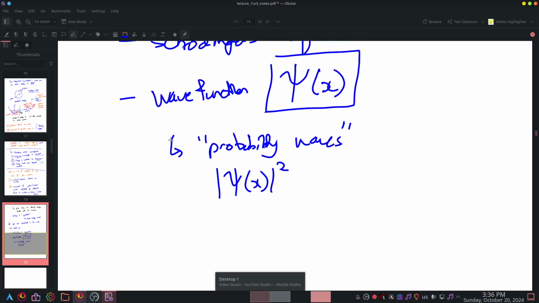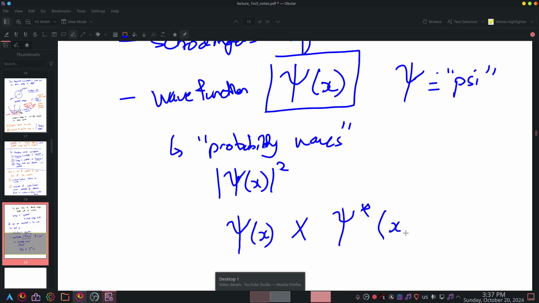This is the Greek letter psi. Or rather, if you really want to be technical, it is the wave function multiplied by the conjugate of the wave function, because these are complex numbers. The conjugate will form the probability.